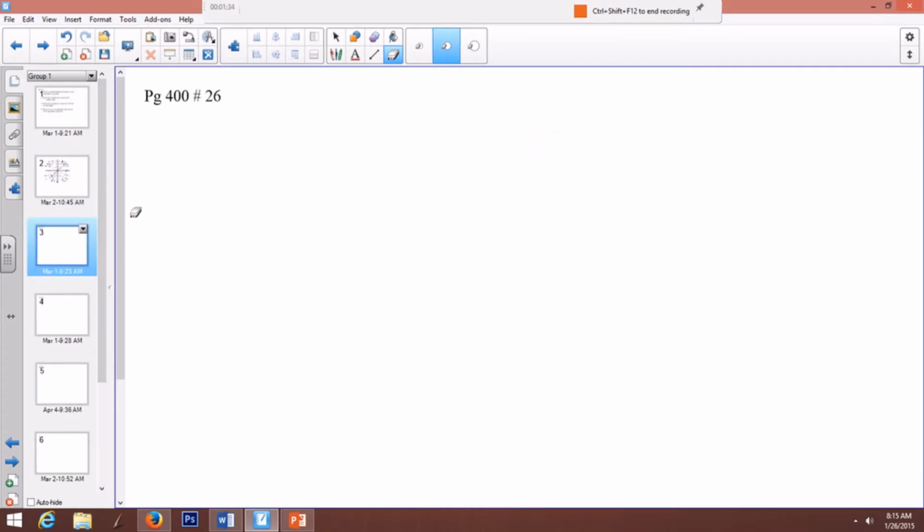I start with page 400, number 26, and that one says, solve tangent squared of x minus 1 equal to 0. When I look at this, I'm going to think of it kind of like x squared minus 1 equal to 0.